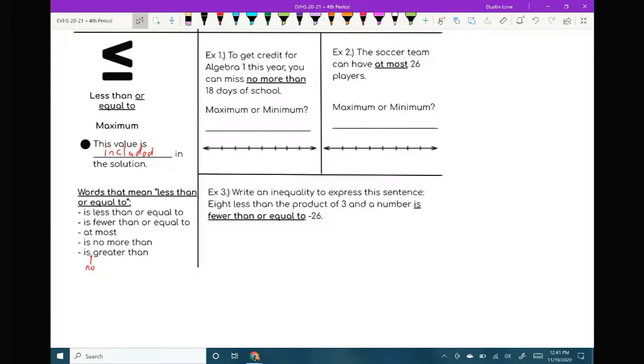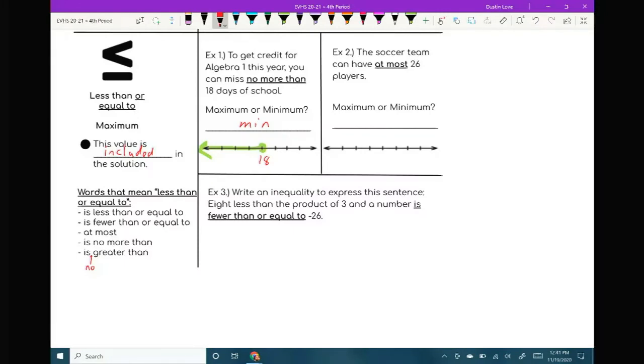Well, what that means is, we put our 18 right here. 18 counts, but what other types of days are in there? Is 16 count? Does 20 count? Well, no more than means you can't get on the positive side of it. You've got to go this direction, which means that 18 is a maximum.